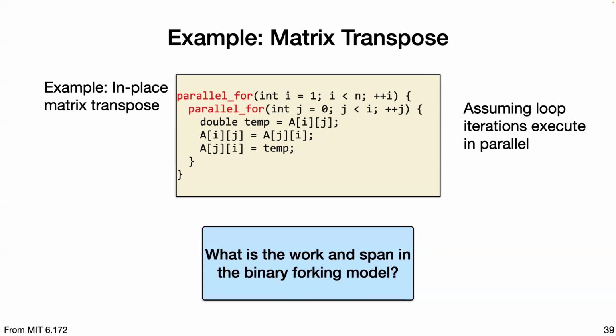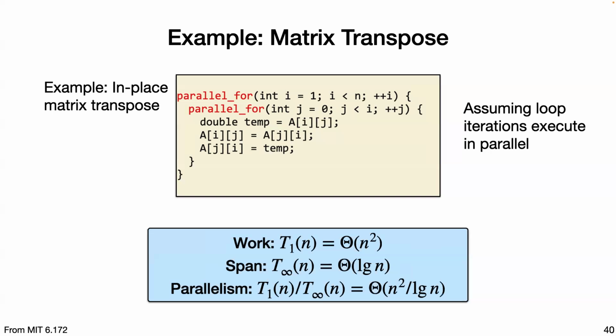Good. Log n? No, just log n, because you have 2 of these. So this would be 2 log n, which is theta log n, sorry. The work is still n squared. The span is log n because each of these parallel fors has log n, but they're one after another, so you add them up. That's still theta log n. The parallelism is you divide them.